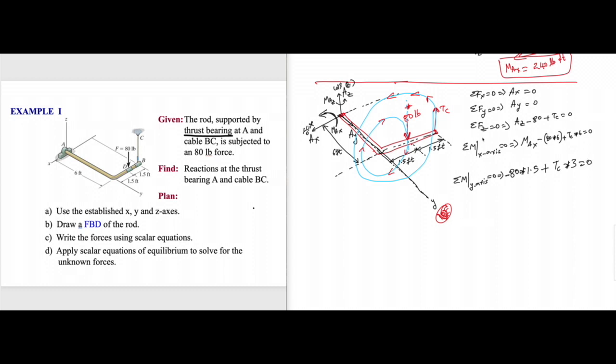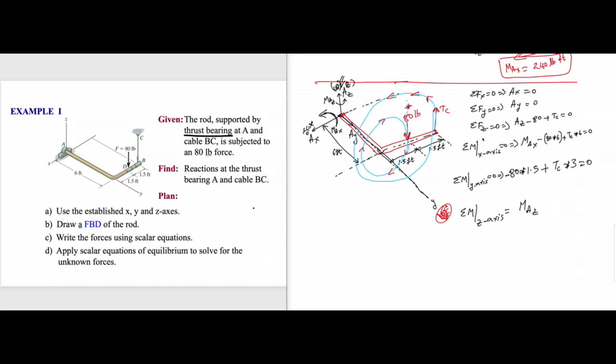Last one, moment with respect to z-axis. What is the moment with respect to z-axis? We have MAZ, and I assumed it's going counterclockwise with respect to I, which is in the positive z direction. So you have to imagine yourself viewing this problem from the top, and MAZ is giving a counterclockwise.